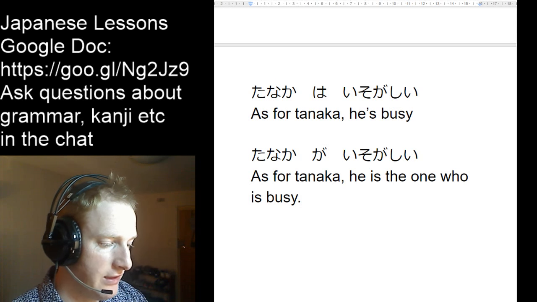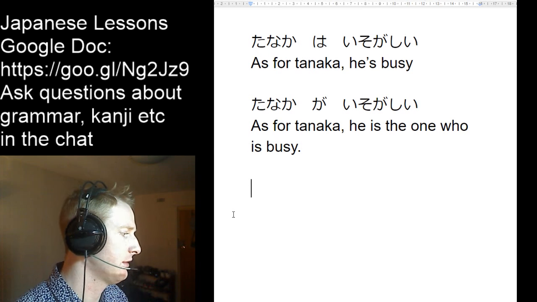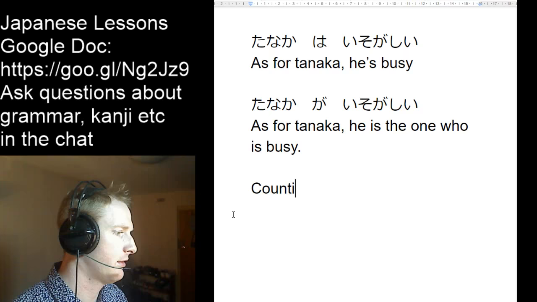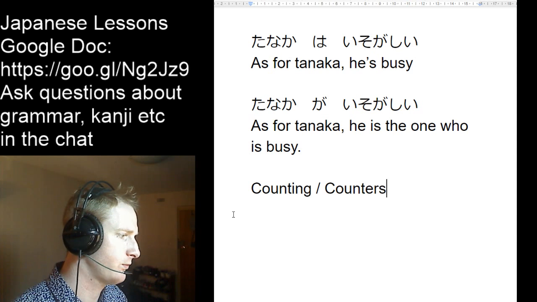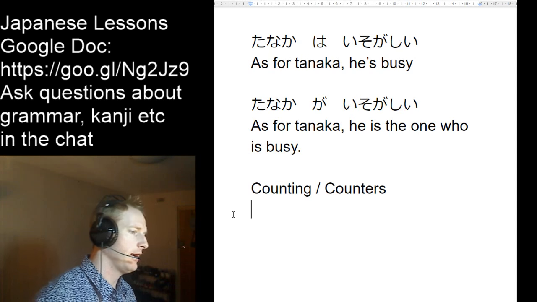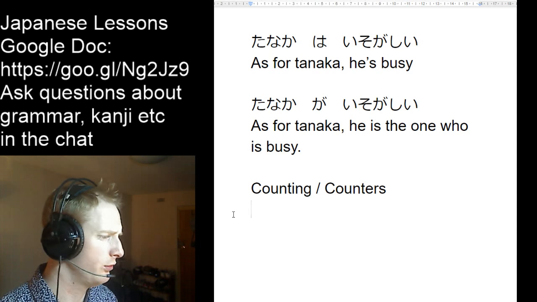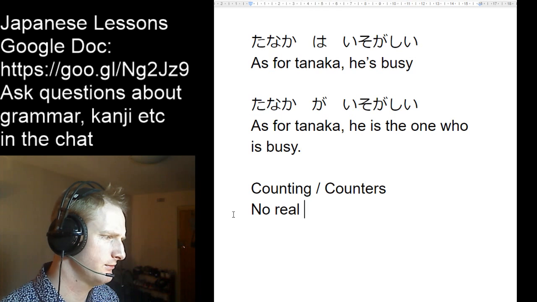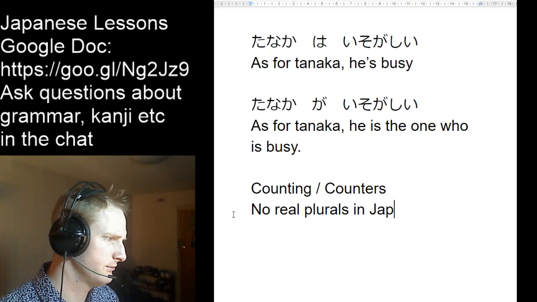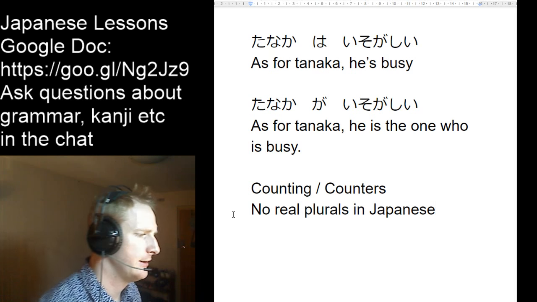Now, counting is quite a big topic in Japanese because of something called counters. The big thing to think about with Japanese is that there are no real plurals. They kind of are, but not really. Or at least plurals are thought of quite differently.